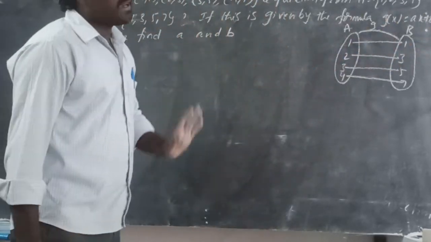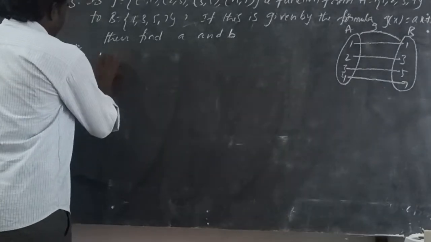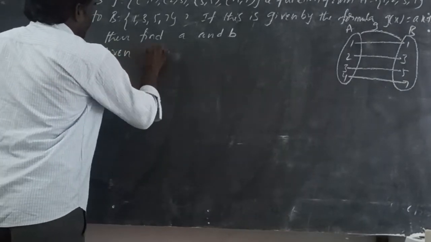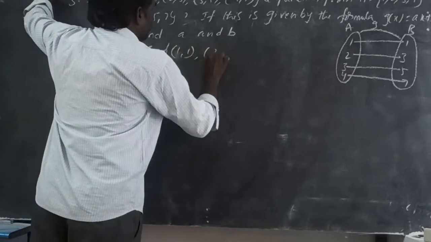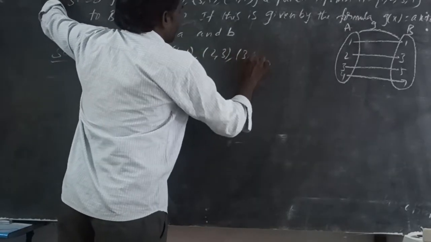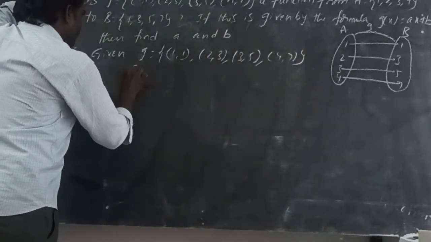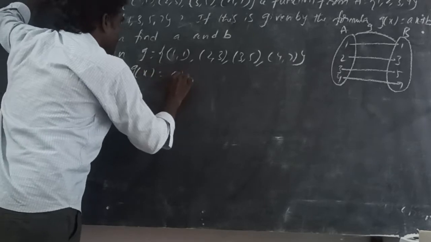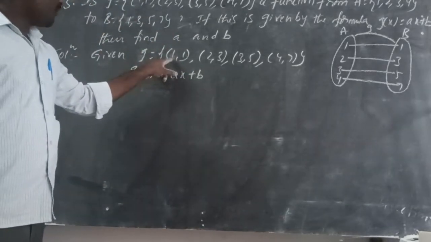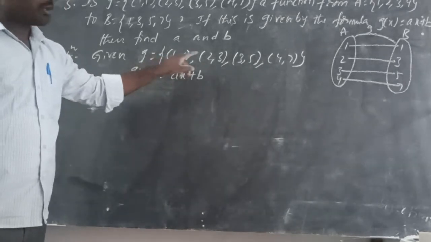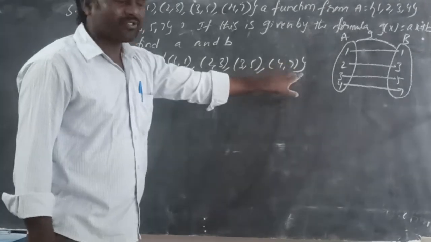Then find A and B. Given g is 1 1, 2 3, 3 5, 4 7, and the formula g of x is equal to ax plus b. 1 is mapping to 1, 2 is mapping to 3, 3 is mapping to 5, 4 is mapping to 7.